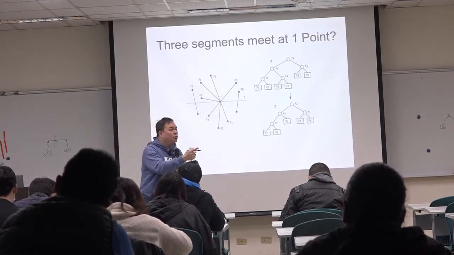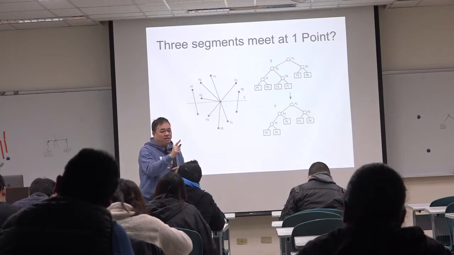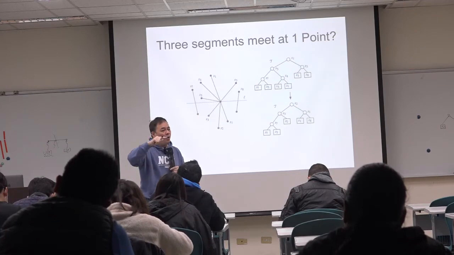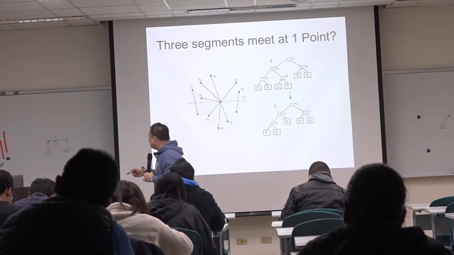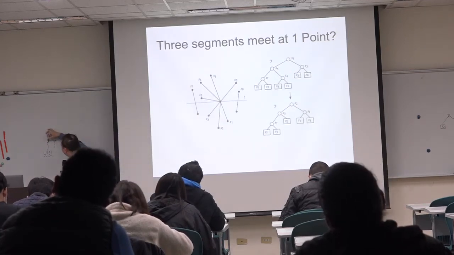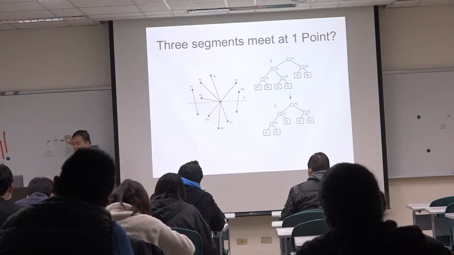Remember, the event queue handles event points according to y coordinate. But if this one is inserted, it will have a higher priority than this one, right?